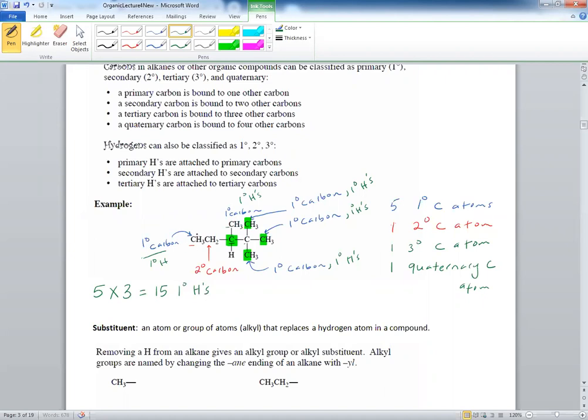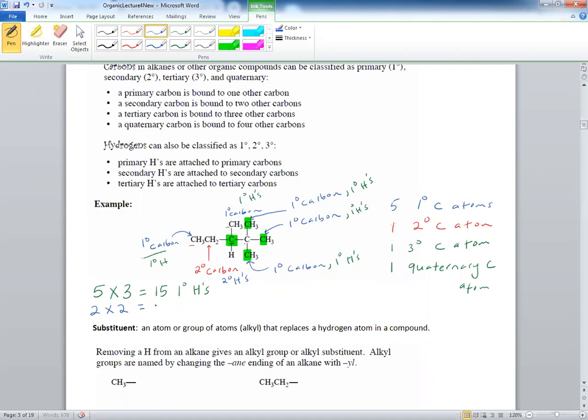So here it is: 3, 6, 9, 12, and 15. For the secondary, again, make sure there are no other atoms like halogens or oxygen, just inspect it. For the secondary, you would multiply by 2. So you would find that this one right here is secondary, and it has secondary hydrogens on it. So the rule here is you take the number of secondary carbons and multiply by 2.